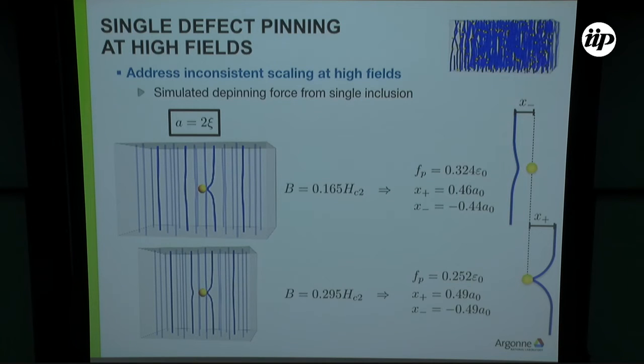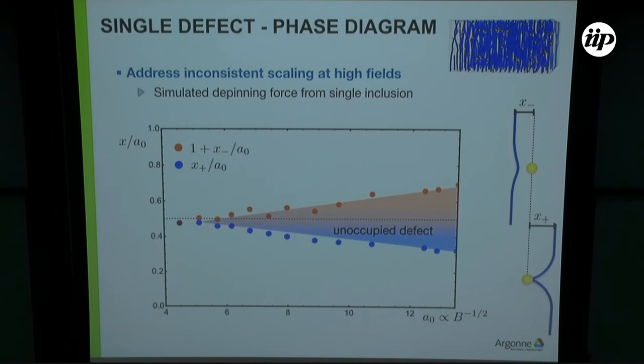Now, we have performed this for more fields, and what we can do is make a map of this x plus and x minus as a function of, here it's the intervortex distance, which means that here we are at low fields, and then we go to higher and higher fields.